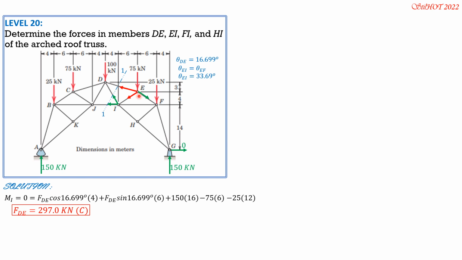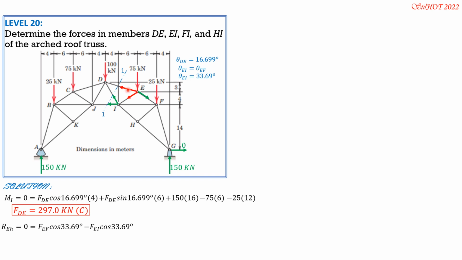So we set RE horizontal, the horizontal component of resultant at E, equal to 0. So FEF is rightward, so this is taken positive: FEF cosine of 33.69 degrees. Then FEI is to the left, so minus FEI cosine of 33.69 degrees also, the horizontal component.